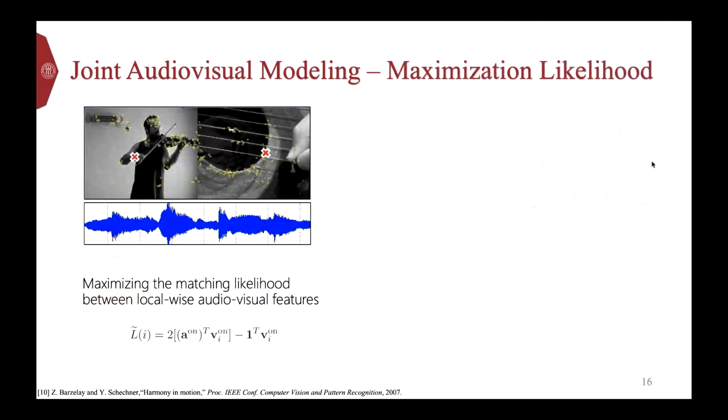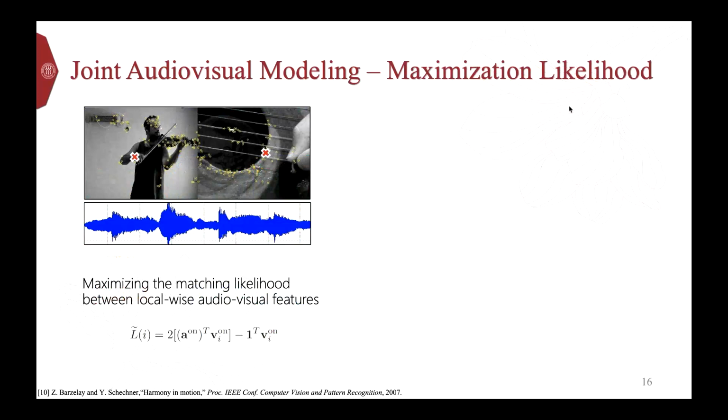So in the third one, researchers proposed to maximize the likelihood between the audio and visual local features. In the figure, we can see different circles in the image.